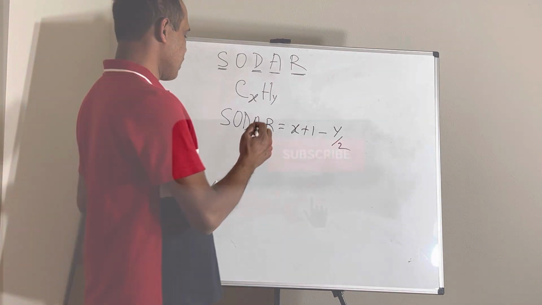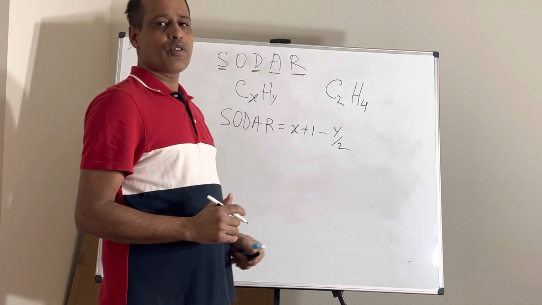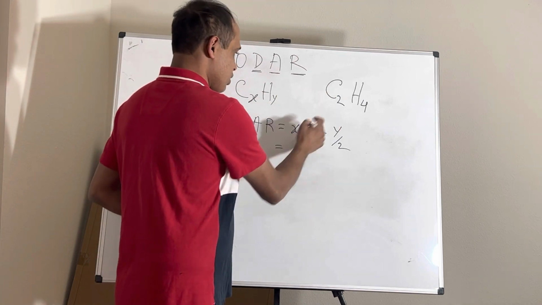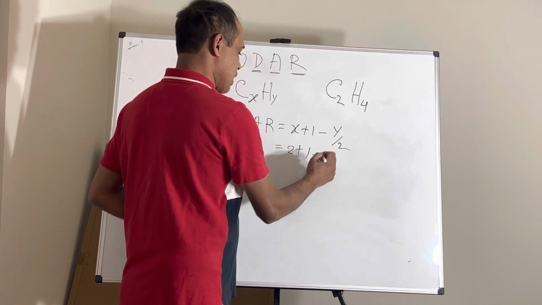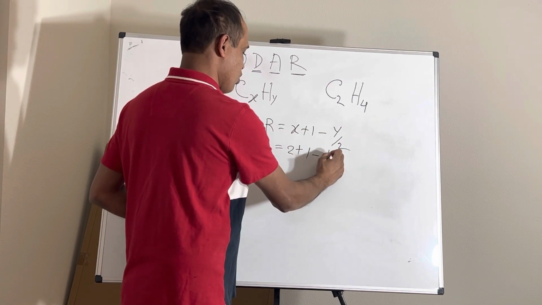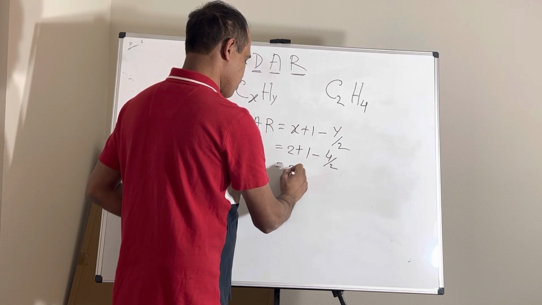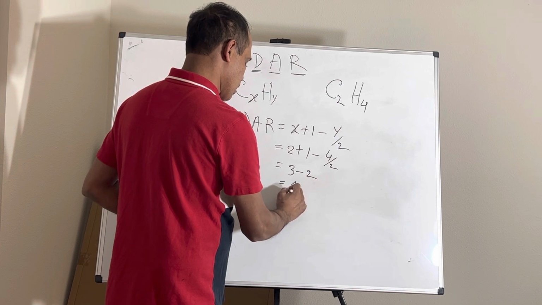Suppose you are given C2H4, and you need to find the SODAR number for this. If we put the X value as 2, plus 1, minus the Y value, 4, over 2, it will be 2 plus 1 is 3, and 4 by 2 means 2, so that means 1.